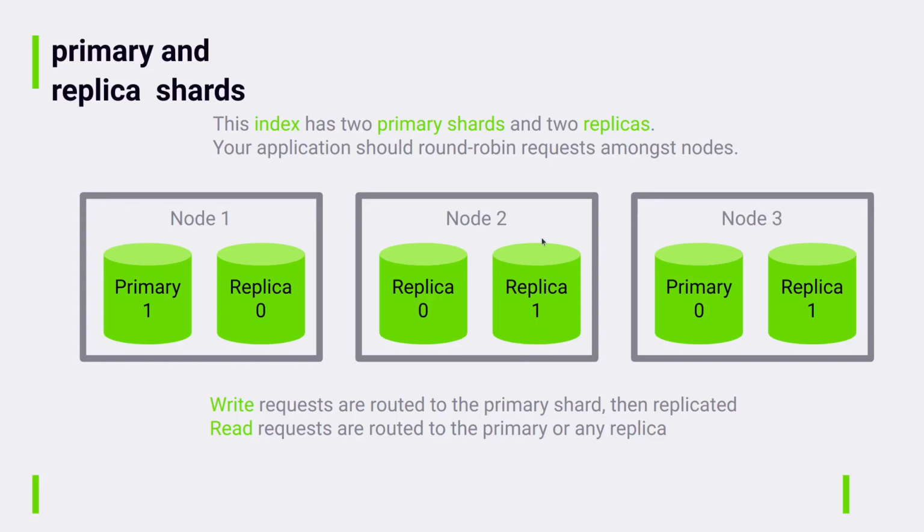For example, this replica 1 will now become primary shard 1 and this will be the replica shard. If node 2 also fails, this replica 1 will become the primary shard. This is how Elasticsearch overcomes hardware failure or limitations.